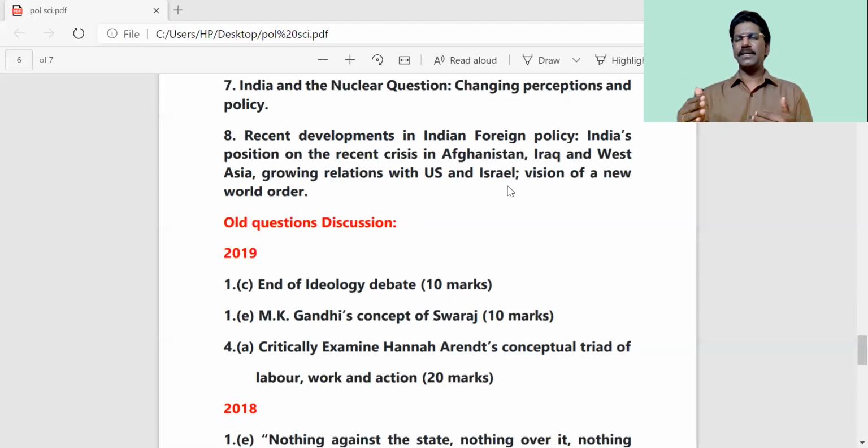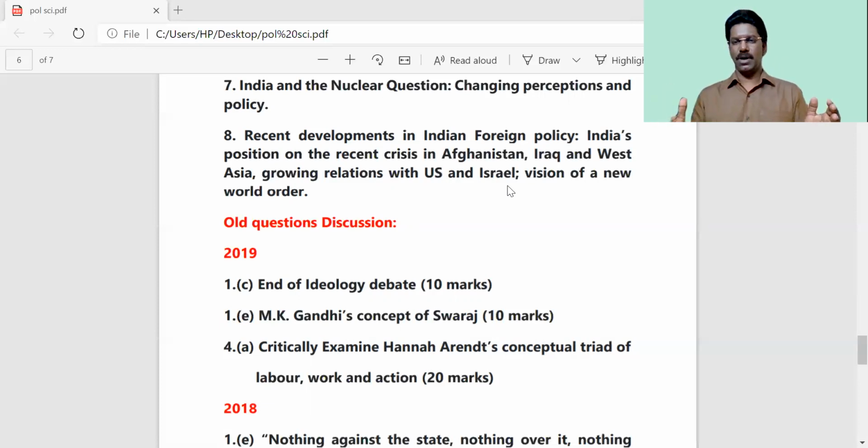So approximately, an optional like PSIR is not only a popular subject but also the simplest and easiest one. The most important thing is that this optional paper contributes to students' preparation at the level of GS.